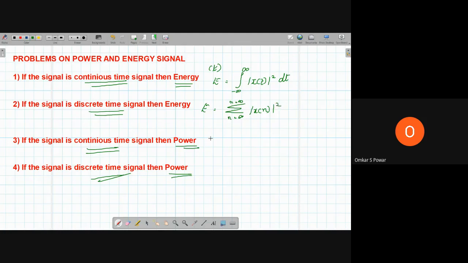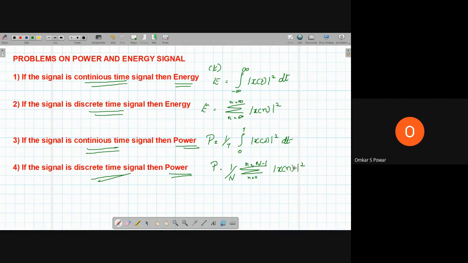Now, when it comes to power for a continuous time signal, power is equal to 1 by T, integral from 0 to time period T, of mod x of t the whole square dt. For a discrete time signal, power is equal to 1 by N, where N is the period, summation n equal to 0 to N minus 1, of mod x of n the whole square.